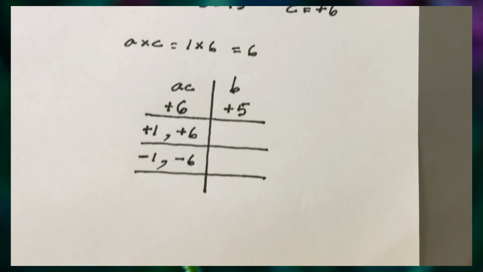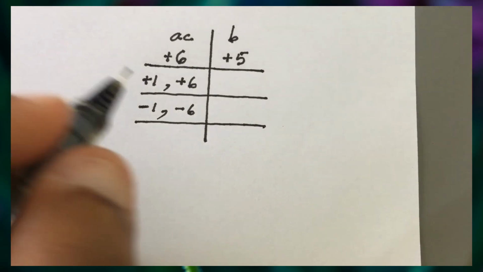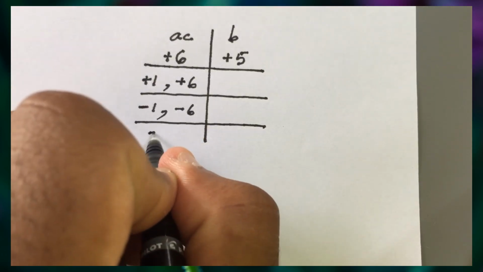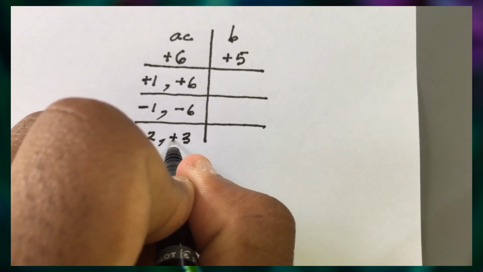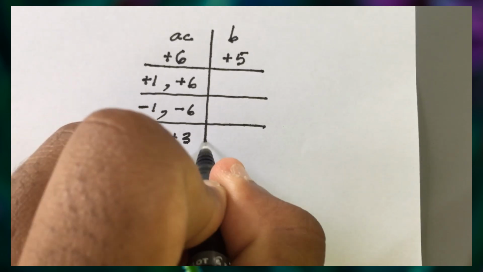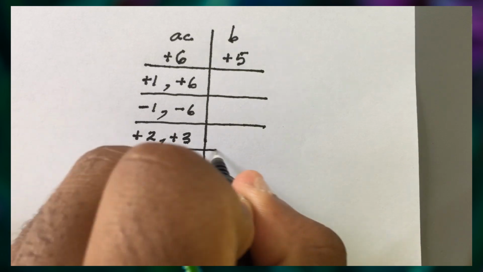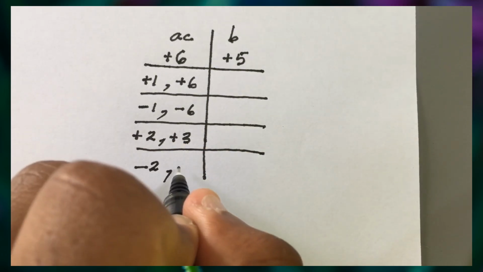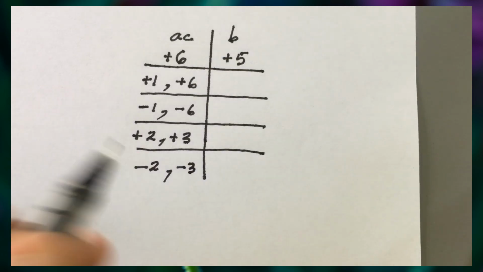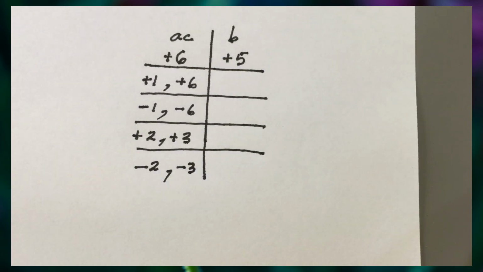Are there any other factors of a positive 6? Yes. You have 2 and 3, both of them being positive. I'm going to copy this back down and have negative 2 and negative 3, because negative times negative gives a positive. So good, there are no more factors of 6.